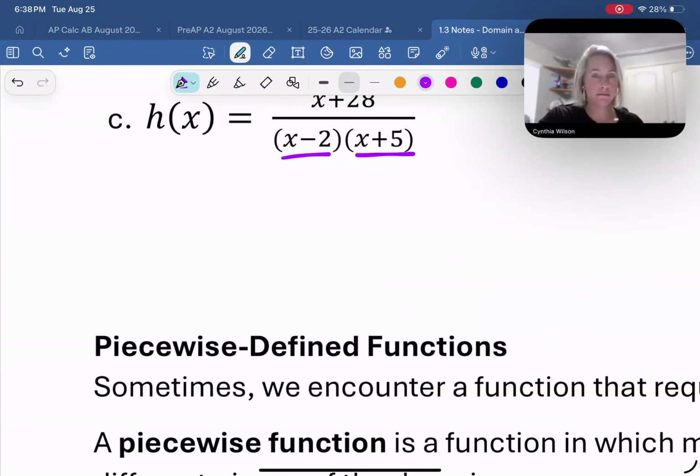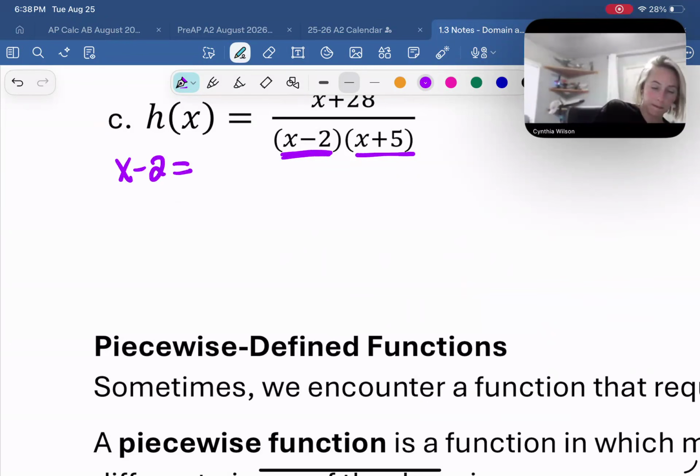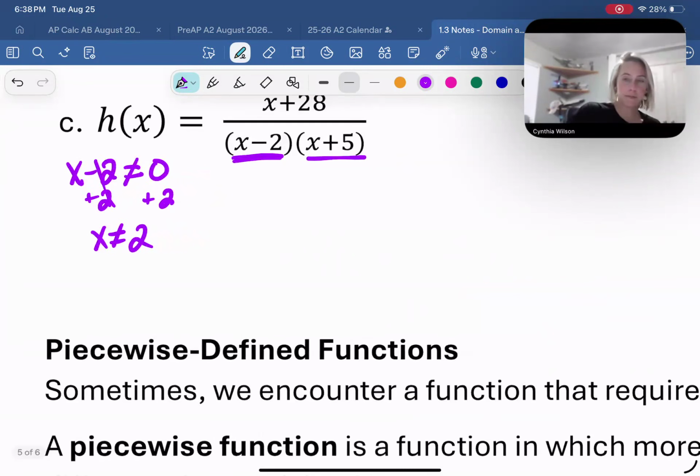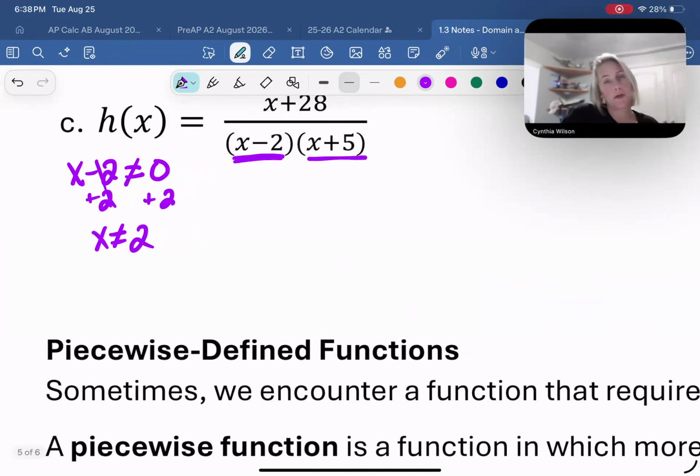So we set the first parentheses not equal to 0. So x can't be 2. We're going to add 2 to both sides. And we set the x plus 5 not equal to 0. So we're going to subtract 5 from both sides.